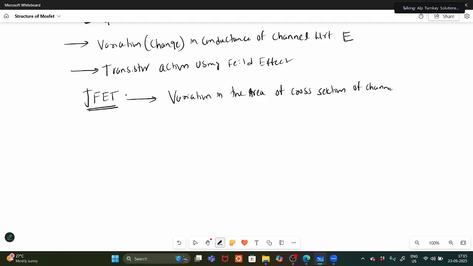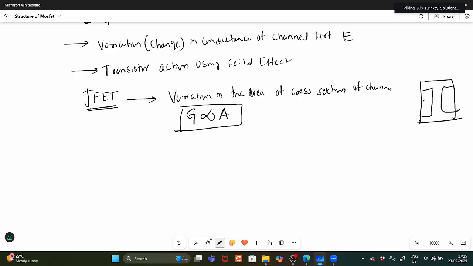So variation of conductance is with respect to variation of the area of the channel. Like you already saw in the JFET, there are two gates. This is P plus, this is P plus, and this is N channel, and you are applying some gate voltage.